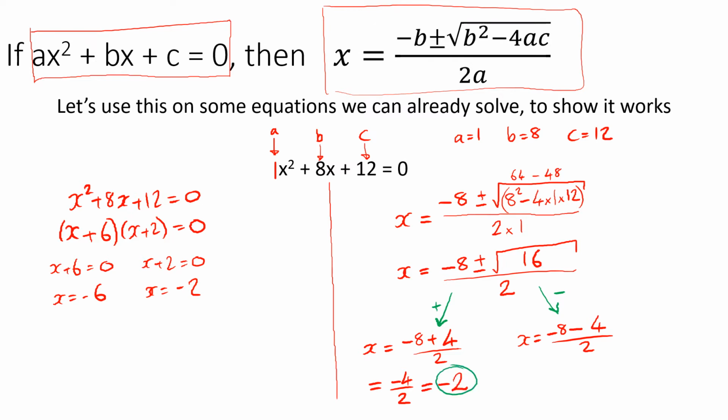And with the other one, -8 minus 4, that's -12 over 2. And -12 over 2 is -6. So we get the exact same answers. Now, obviously, in this case, you'd want to factorize, and there's a reason that we don't just do everything with the quadratic formula. But it will always work.